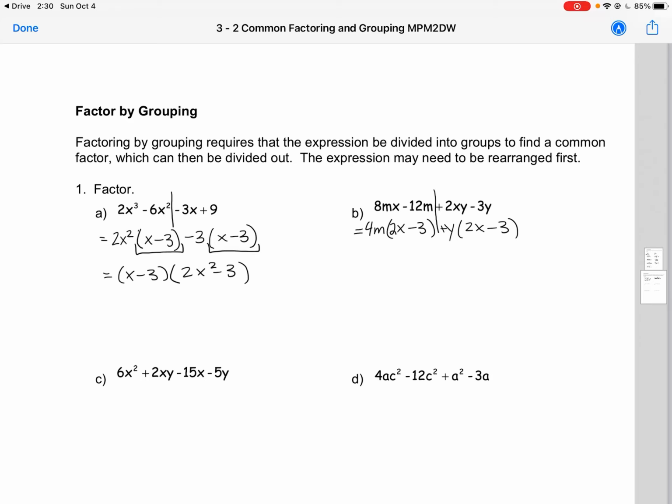I should have 2x minus 3 in my first bracket as well, because 8 divided by 4 is equal to 2. Now I'm in the same situation as example A, where I've got 2x minus 3 in both of them, leaving me with 2x minus 3, my common factor, and then 4m plus y as my leftover piece.